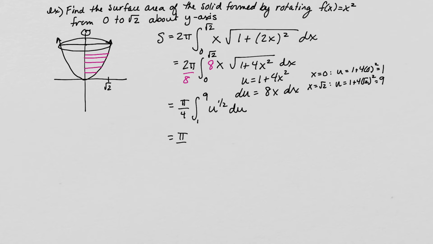So just like before, I've got pi over 4. The integral becomes 2/3 u to the 3/2 power, evaluated from 1 to 9. So we end up with pi over 4 times, or I guess we could actually make that a little nicer, right?